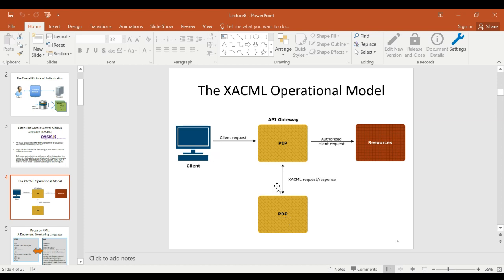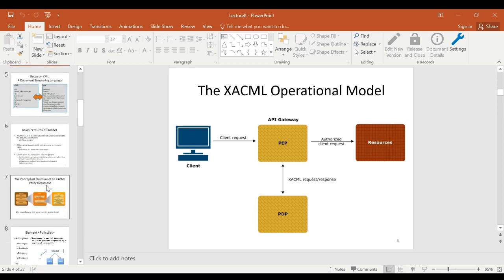The request is forwarded to this policy decision point, which contains all the policies, and whatever policies are applicable are evaluated on that request, and a decision is reached whether to allow the request, yes, or deny it, no, and send the client back home.